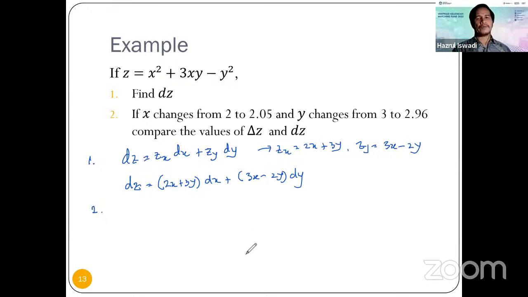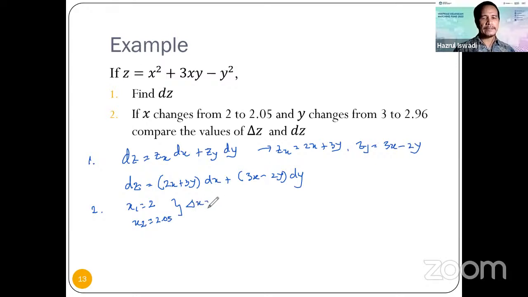Then we will solve the second problem. If x changes from 2 to 2.05, so x1 is 2 and x2 will be 2.05.